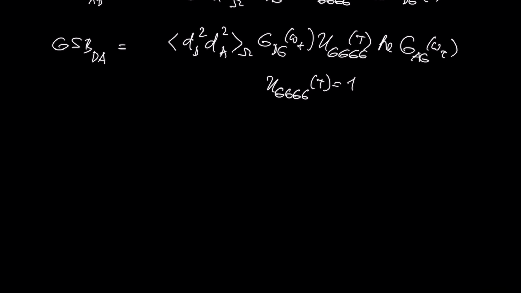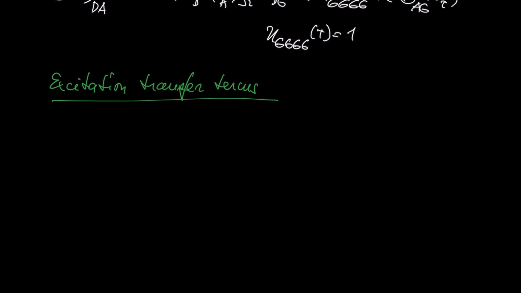So now we have to also construct the terms corresponding to the excited state transfer. So there are excitation transfer terms, and looking at the diagram of the levels, we can see that this should, for instance, involve the stimulated emission.